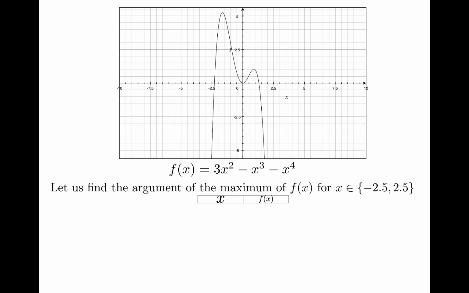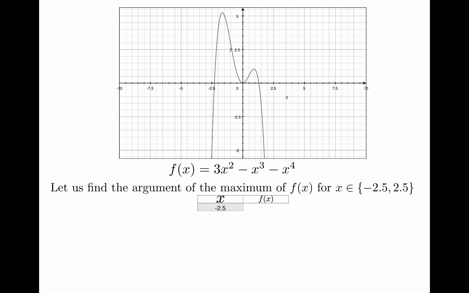That value of x for which the maximum of f(x) occurs will be the argmax of f(x). So let's say we start from minus 2.5, because we are interested in this particular range between minus 2.5 and plus 2.5.